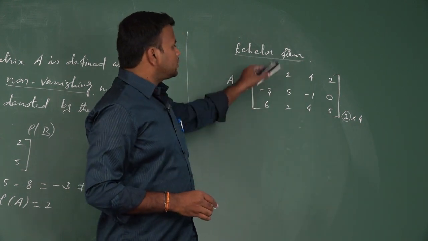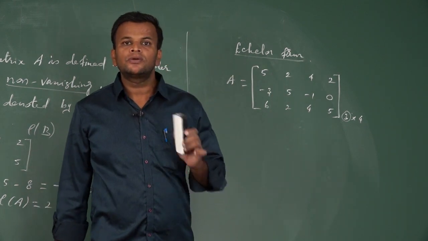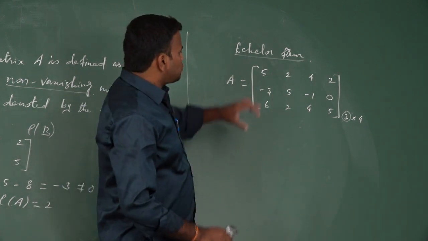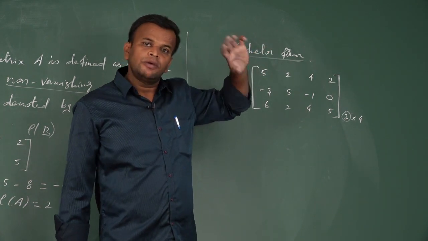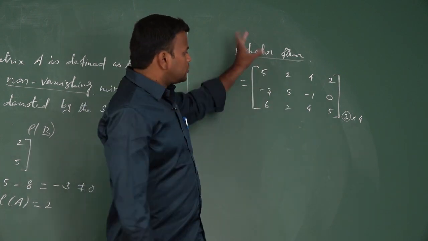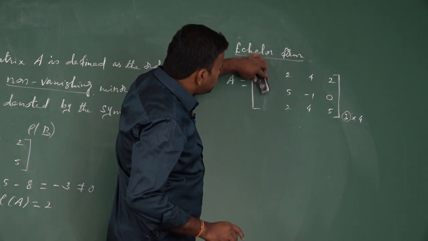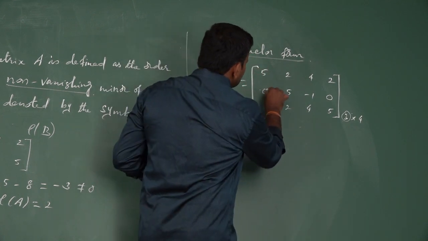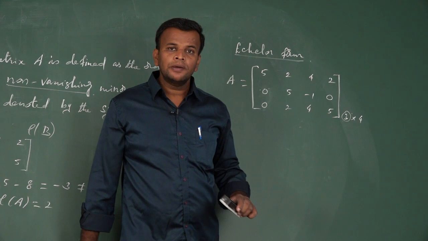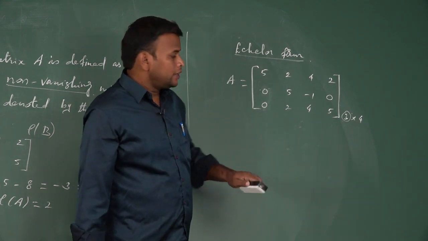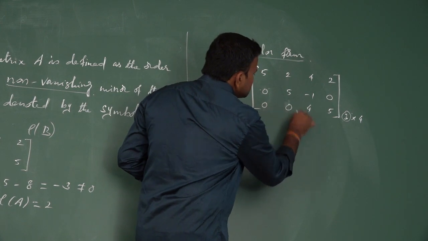How do we convert the given matrix into echelon form? It has only one working rule. In the first row, the first column element should be non-zero, it may be any non-zero number. Then we convert the two elements below it to 0. The first step is to convert these two elements to 0, and in the last row this element is also converted to 0. In a triangle shape, the elements below should become 0.